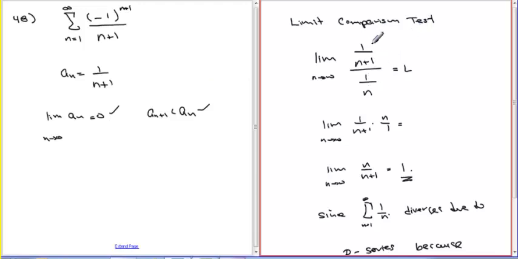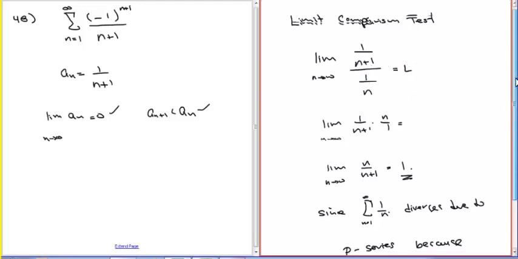Because if I take the original a sub n and divide by b sub n, which is similar to this but something that I can actually evaluate, if this ratio has a limit, a number, which in this case it does, then if this diverges, then that diverges.